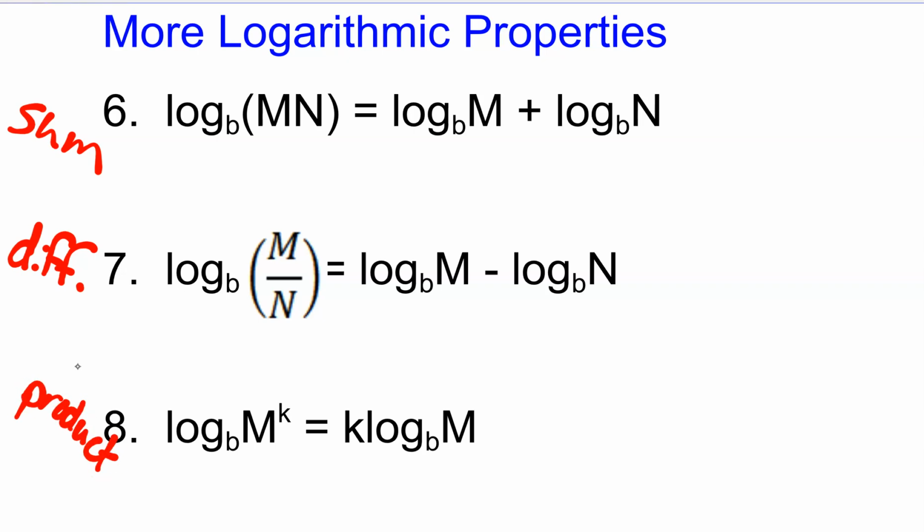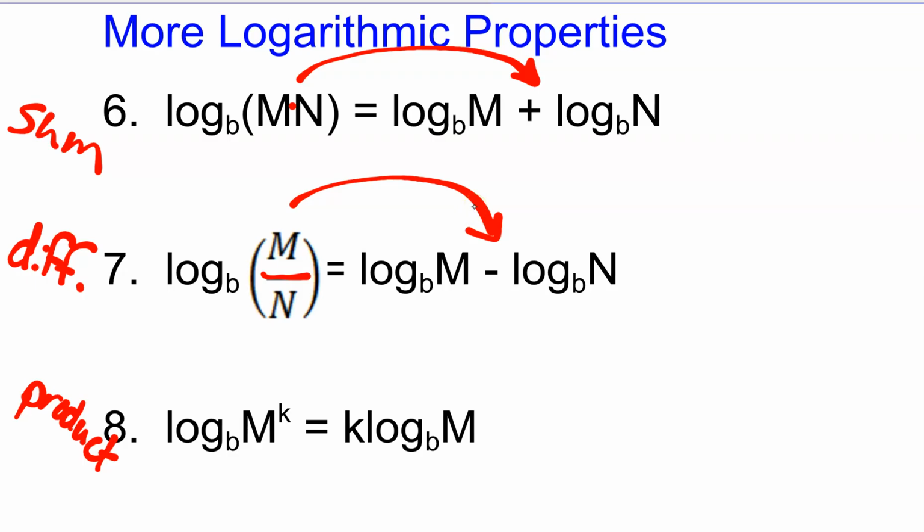If we just go over these, kind of like exponential, if you think of it as an inverse of exponential, very similar. If you're multiplying 2 things inside a log, you would convert it to adding them separately. If it's dividing, you would convert it to subtracting them separately.